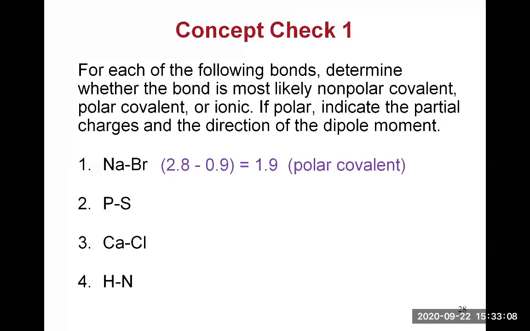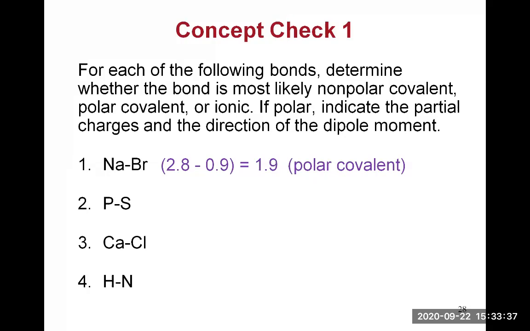Up to 1.9, it's considered polar covalent. So you see that sodium is a metal, bromine is a non-metal, which we would likely classify as ionic, and it's borderline between polar covalent and ionic. But according to the classification I showed you earlier, this is considered polar covalent.